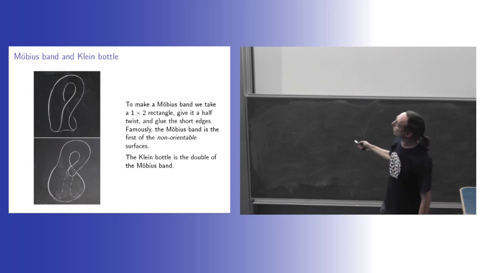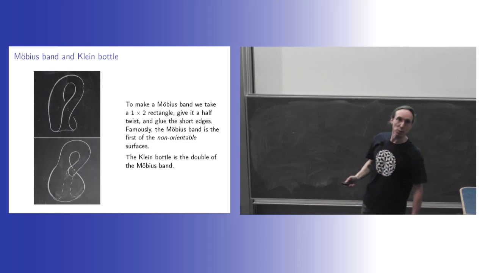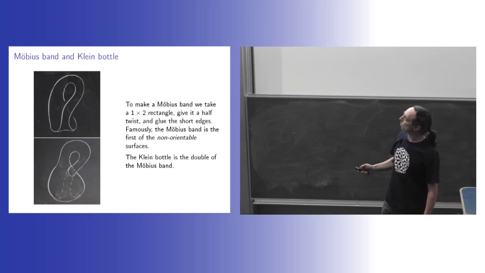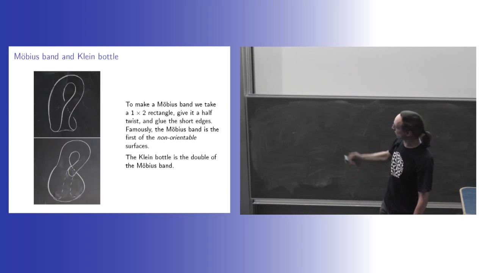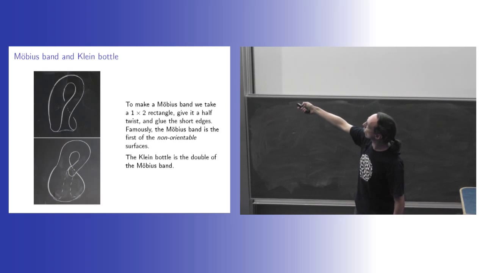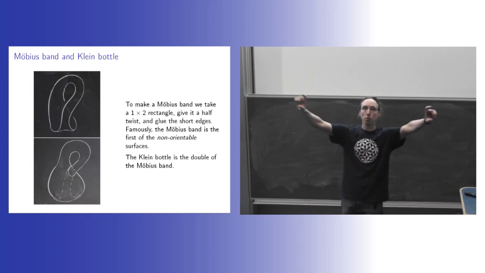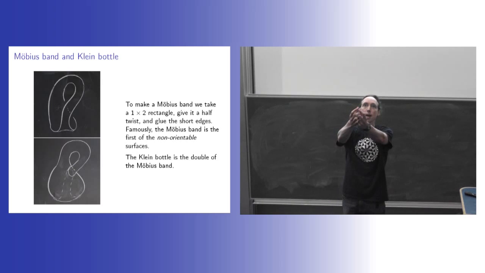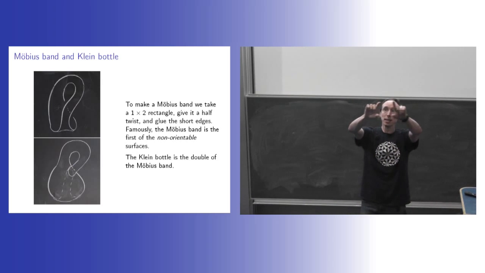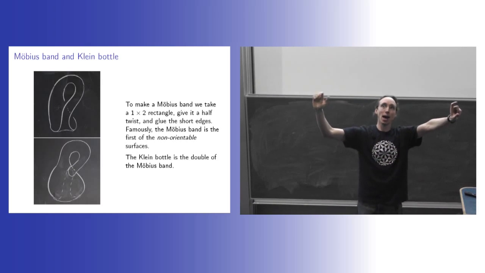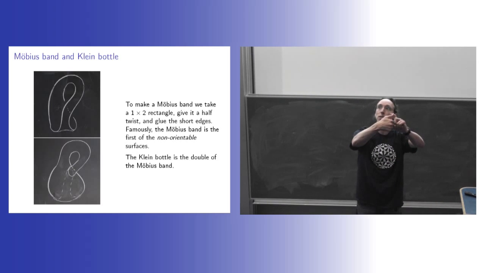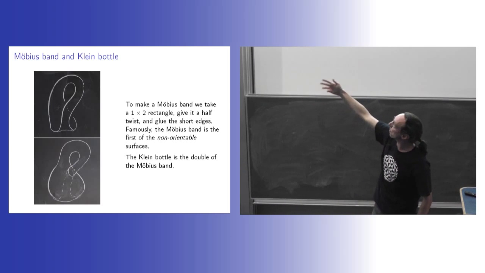Next in my rogues gallery is something which is non-orientable. You have to make it in a more interesting way. It needs a little bit of a twist. This is the Möbius band, again drawn in chalk. The Möbius band is very similar to the annulus. You can make an annulus by taking a long strip of paper and gluing the short ends together. And you can make a Möbius band by taking the same long strip of paper and giving a half twist before you glue the ends together. If you double the Möbius band, then you'll get what's called a Klein bottle.